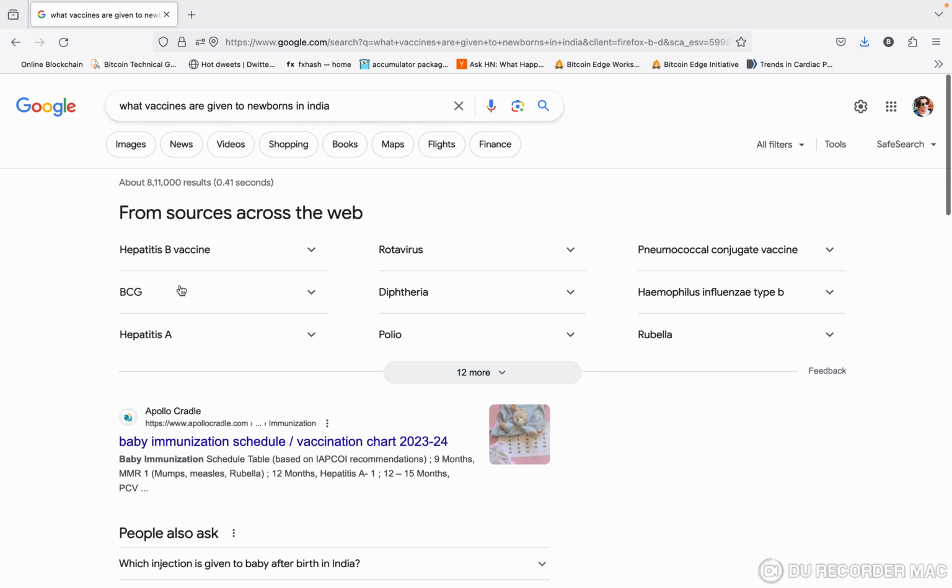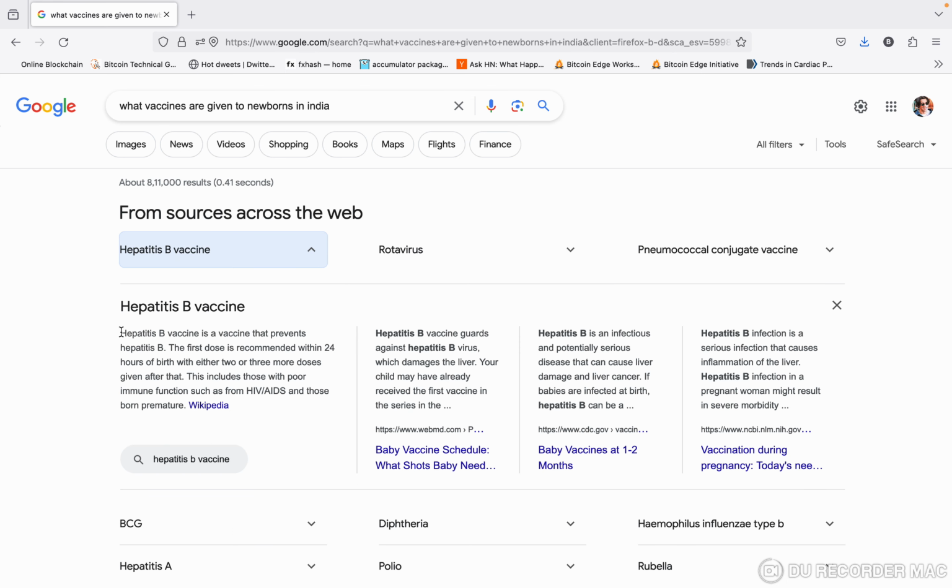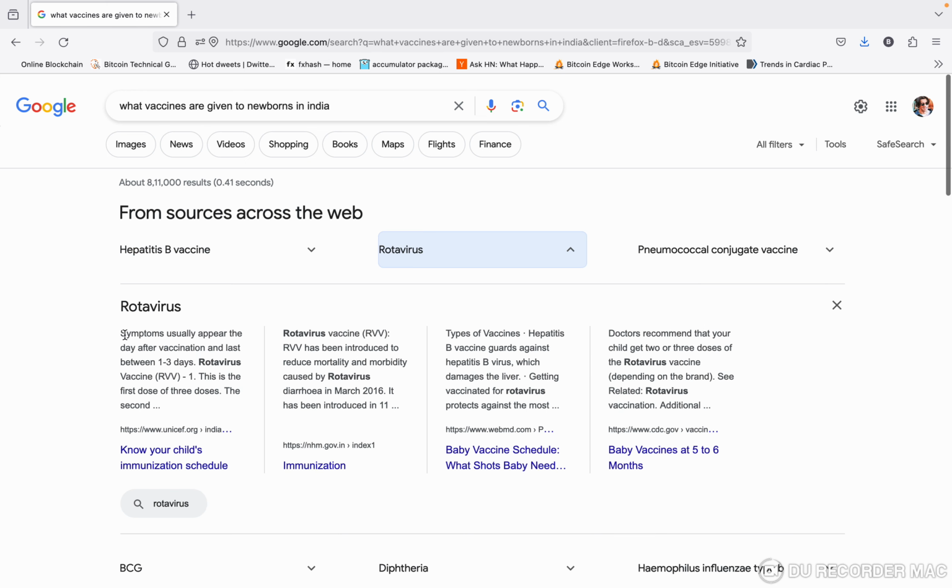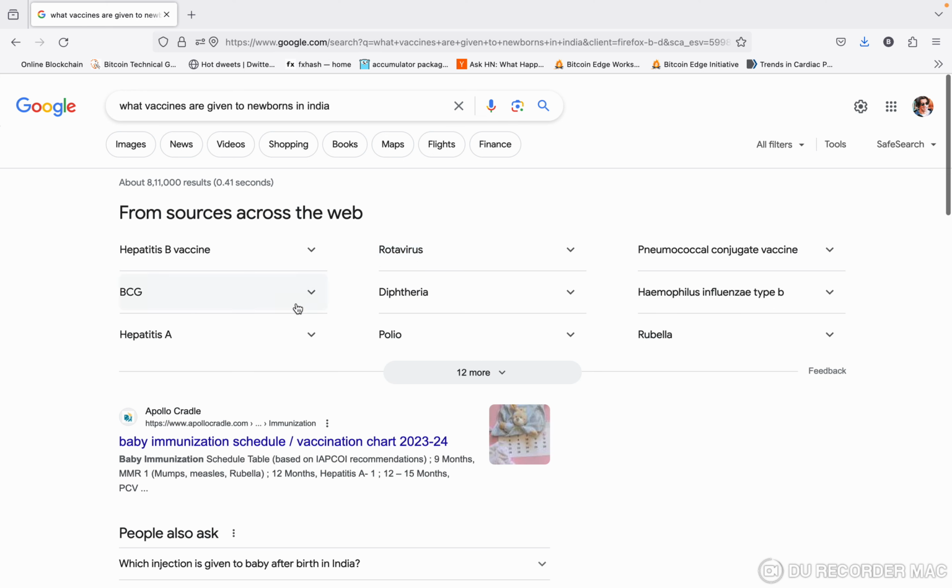Okay, hepatitis B is given, hepatitis A is given, rotavirus, diphtheria, polio, rubella, influenza, pneumococcal conjugate vaccine. What is rotavirus? Rotavirus vaccine, this is the first dose. Okay, so I will not go further.